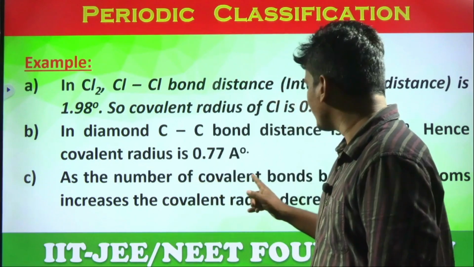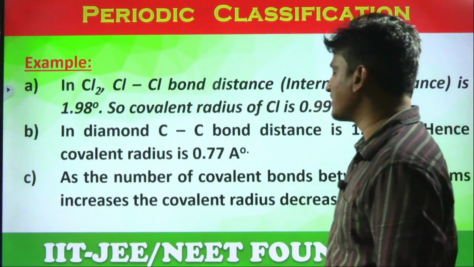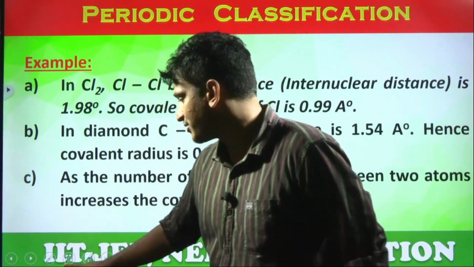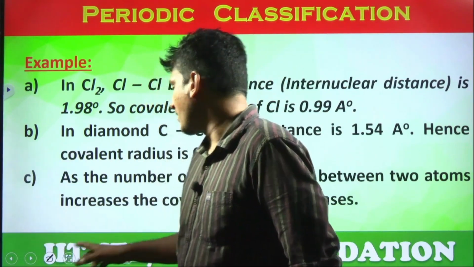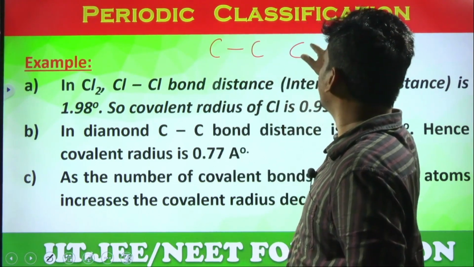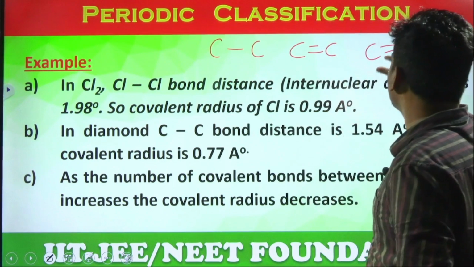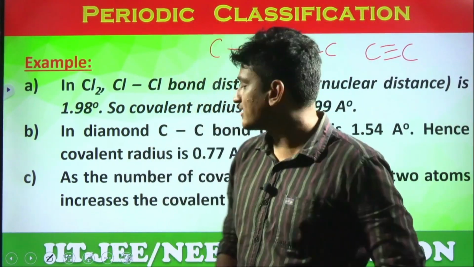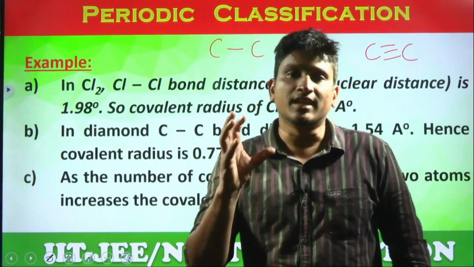So as the number of covalent bonds between two atoms increases, covalent radius decreases. This point is very important, students. What does the point say? If the number of bonds between two atoms increases, for example, C single bond C, C double bond C, C triple bond C, the number of bonds is increasing. What happens to the covalent radius? It is decreasing. Why?